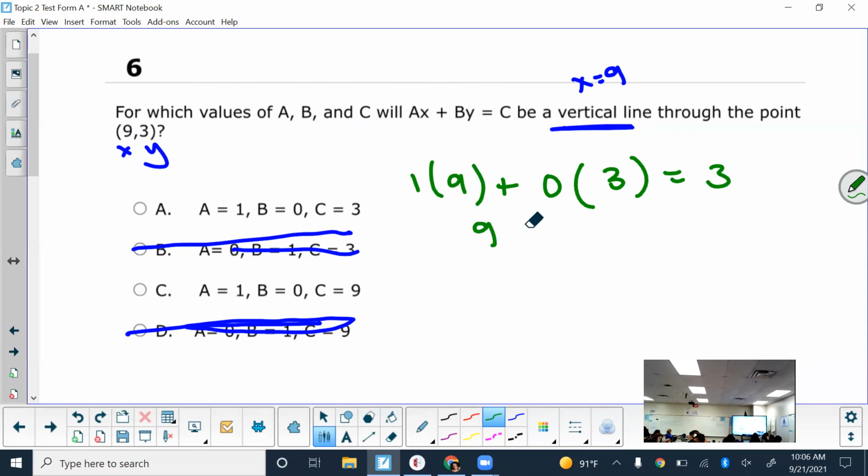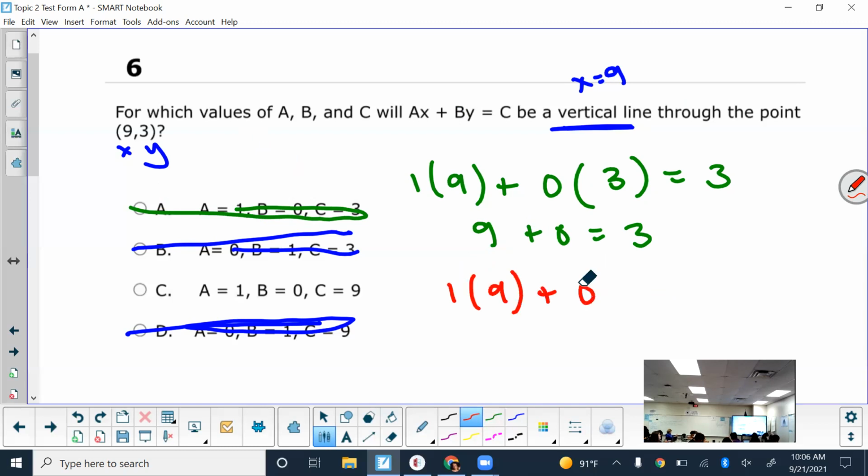What's 0 times 3? Is 9 plus 0 equal to 3? No, so that's why it's not A. Check C. So A is 1, x is 9, B is 0, y is 3, and it's equal to 9. Again, 1 times 9 plus 0 times 3 is 9 plus 0, equal to 9. So that's why C is the only one that works.